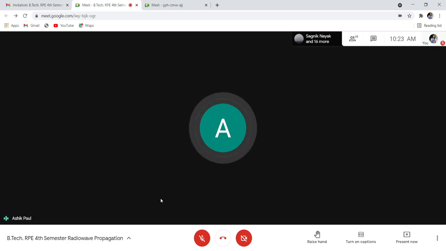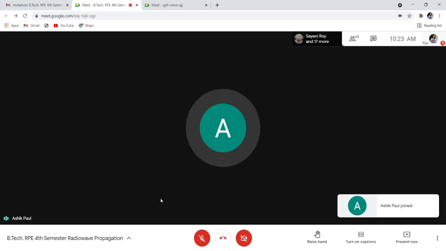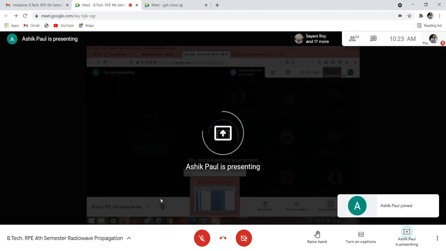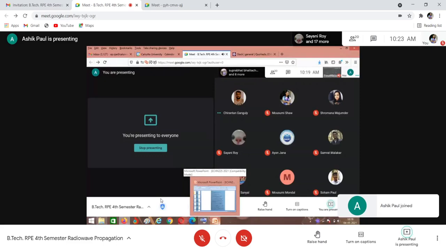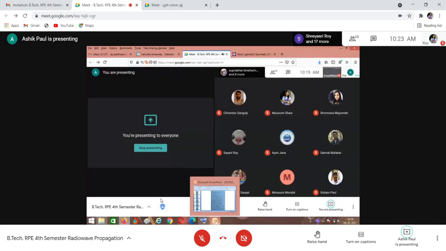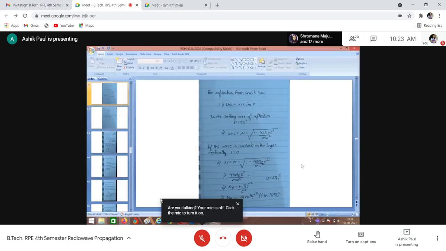It will be something like 1.24 into 10 to the power 4 f square.